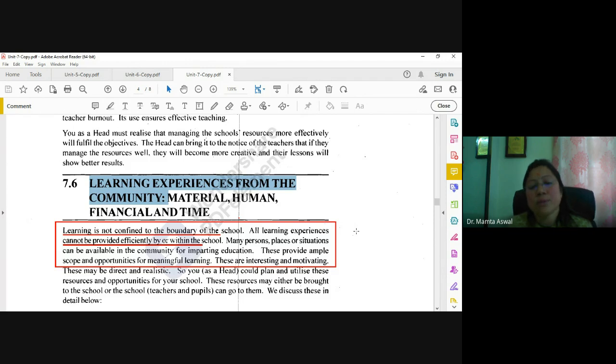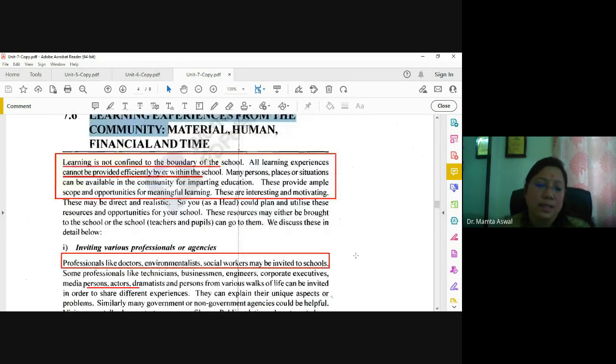So from time to time, the head could plan these kinds of activities in the school. They can plan, and then accordingly the students can have a variety of learning experiences.